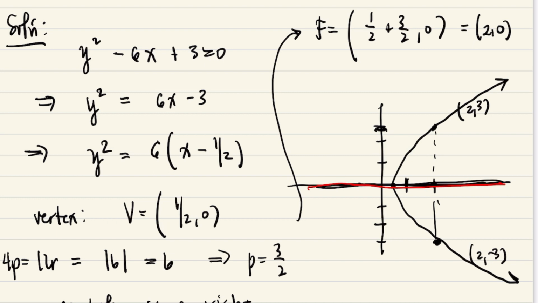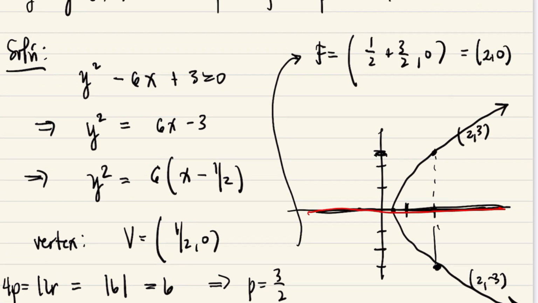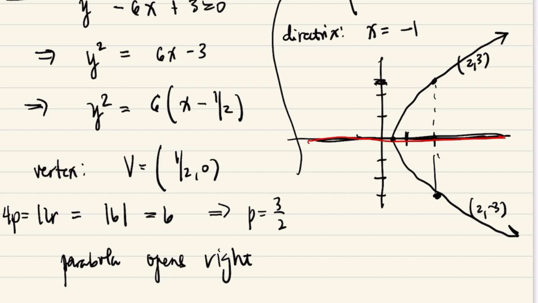But again, the directrix is 3/2 to the left of the vertex. Which means to say that our directrix is x equals -1, and so somewhere here is the line of the directrix.